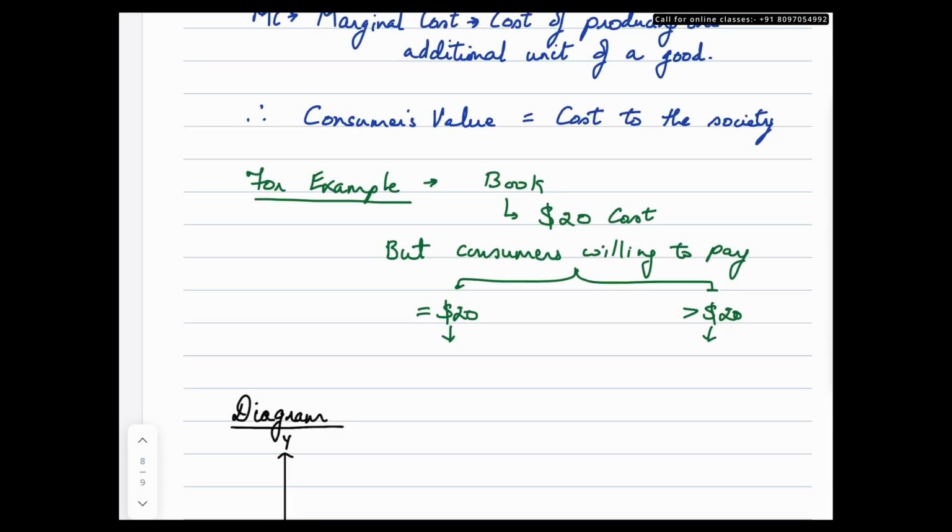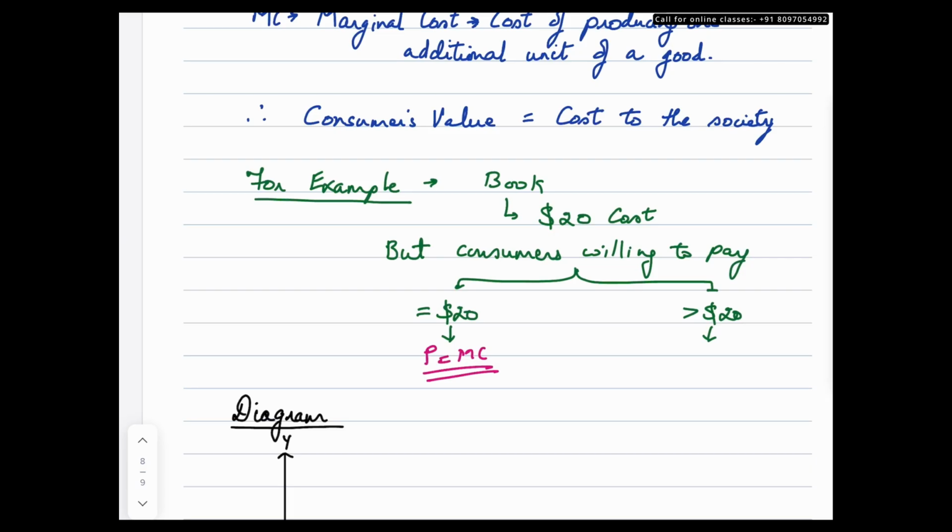For example, let us take a book that costs $20. Now, if consumers are willing to pay $20 for this book, then we hit the equation, which was price is equal to marginal cost, because consumers are ready to pay exactly what it is costing.